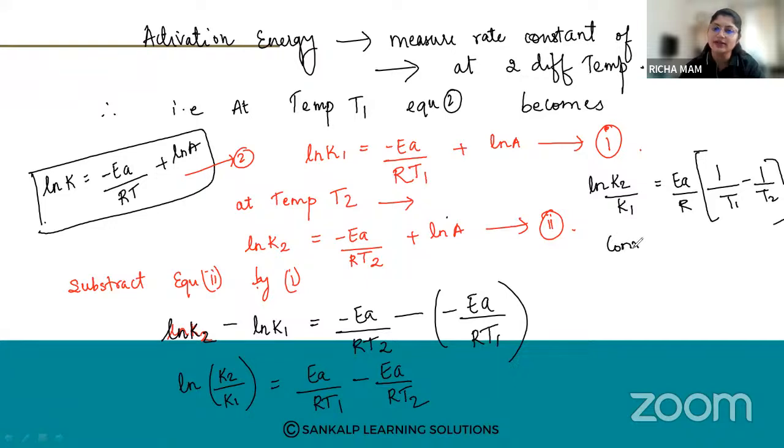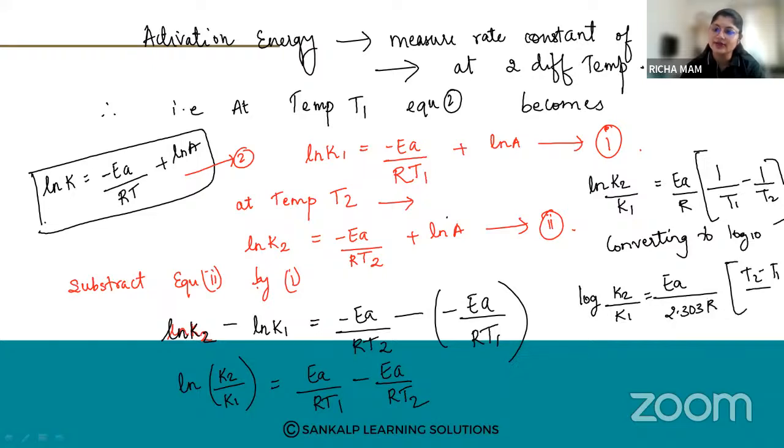Converting to log base 10, when you convert from ln to log, we have to put the factor, so log of k2 by k1 is equal to Ea times (T2 minus T1) divided by 2.303 R T1 T2.